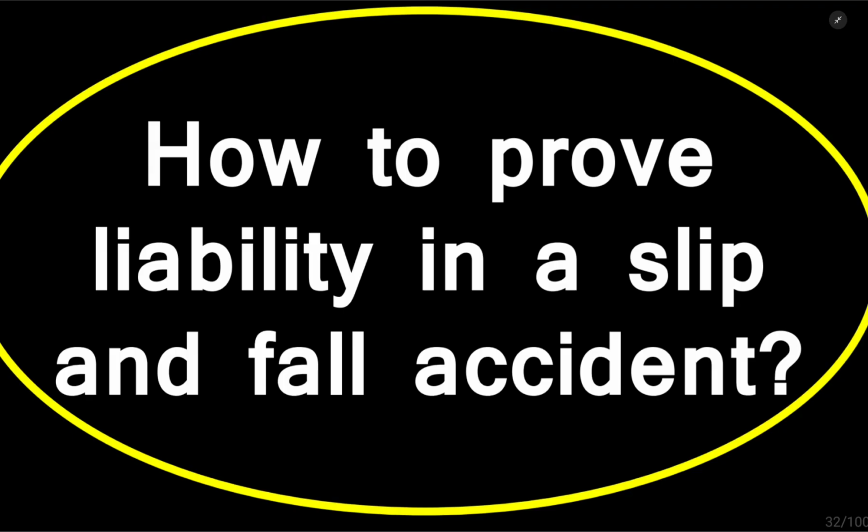If the property owner knew about the hazard but failed to fix it or put up warnings, you can argue that their negligence led to your injury. Mention that it's essential to gather all available evidence, including witness statements, security footage, and maintenance records, to support the claim of negligence.